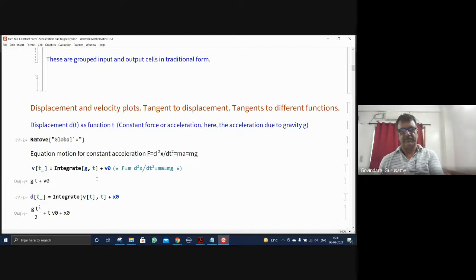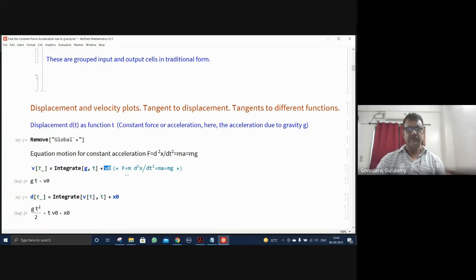Now you just see what has been done. What did I do here? Integrate this gravitational constant with time, so that I get a velocity. We have introduced an integration constant as an initial velocity. Because g times t is a velocity, therefore v0 must be an initial velocity.